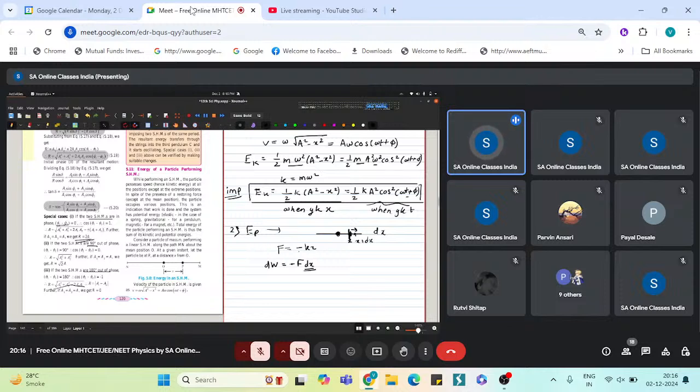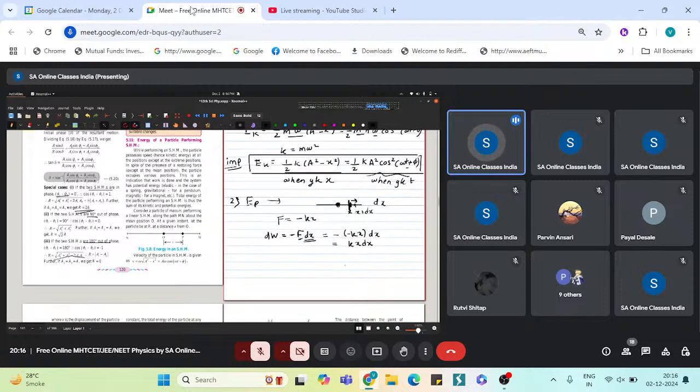It is not in the direction of force, but against the force. I hope this is clear. And now the small infinitesimal extension is dx, and we'll just substitute the value of F here, which is minus kx dx, and this work is just going to be kx dx.